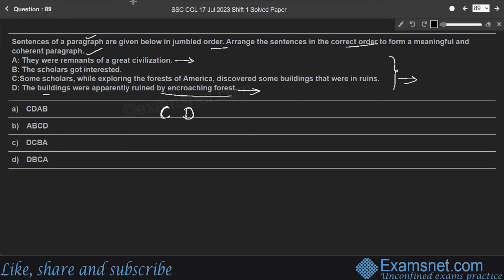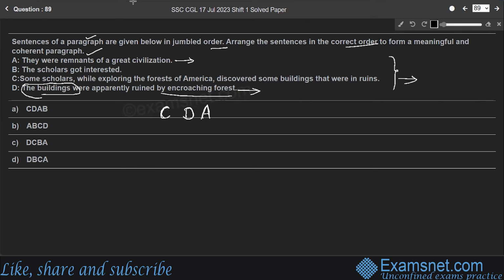Sentence A tells about the action and about the subject. So these buildings were the remnants of a great civilization.